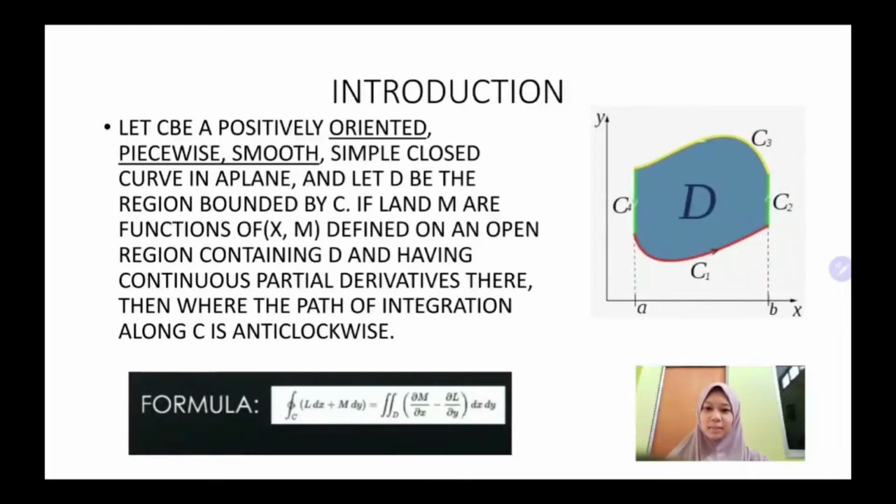Let C be a positively oriented, piecewise smooth, simple closed curve in a plane, and let D be the region bounded by C. If L and M are functions of x and y defined on an open region containing D and having continuous partial derivatives there, then the result holds, where the path of integration along C is anti-clockwise.